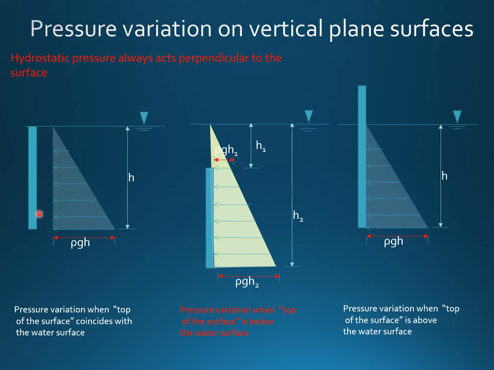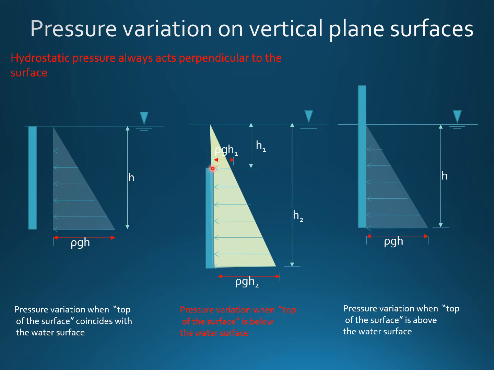So you can encounter three different ways of vertical plane surfaces immersed in water. The first one is total immersion like this, and the top of the plane is at the water surface level. Second is like this here. The top is immersed below the water surface with a height of h1.